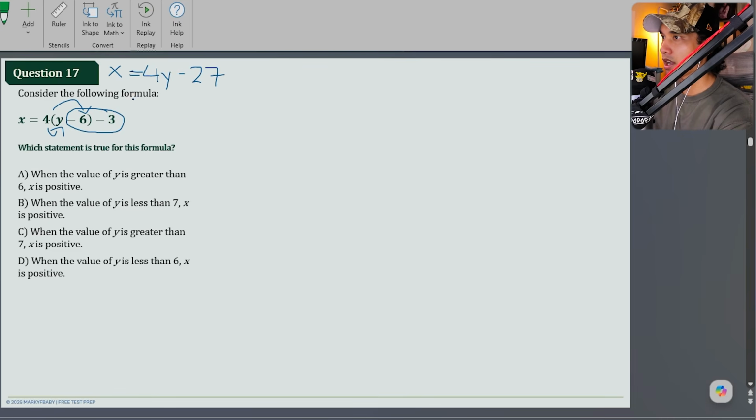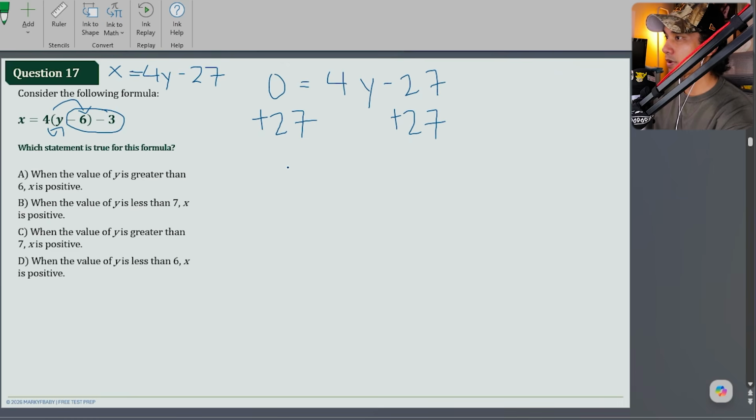And to find the cutoff, we must set x to 0, okay? So let's go ahead and do that. We're going to go 0 is equal to 4y minus 27, plus 27, plus 27. That's going to give us 27 is equal to 4y, divide by 4, divide by 4.